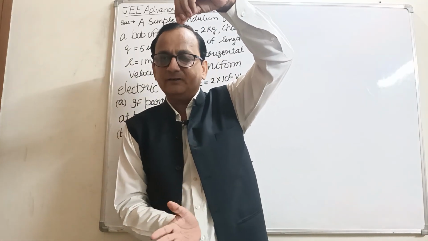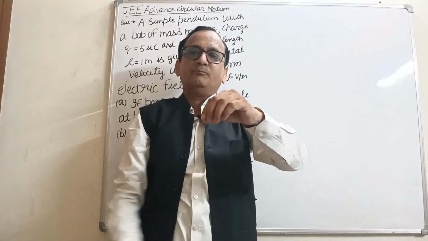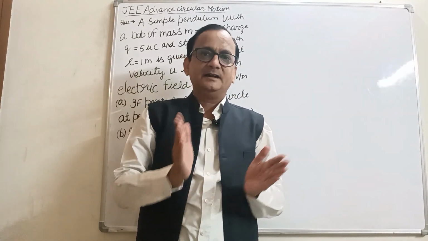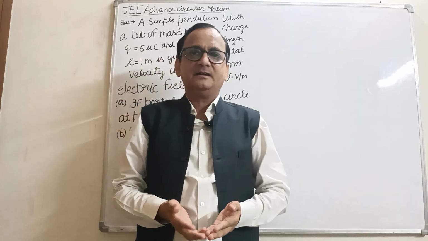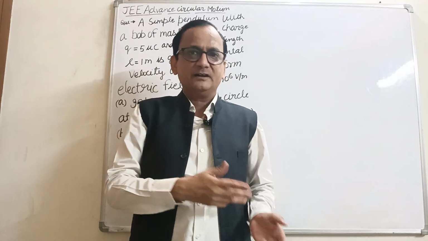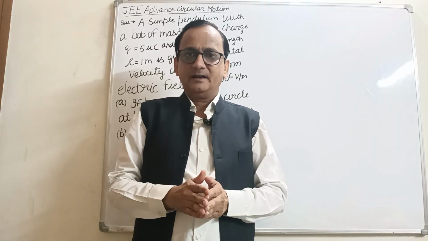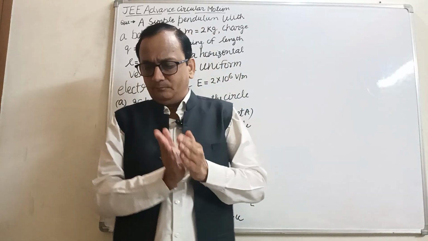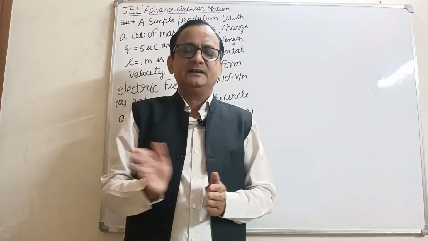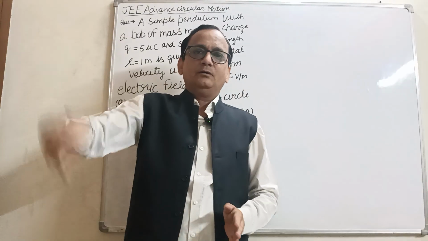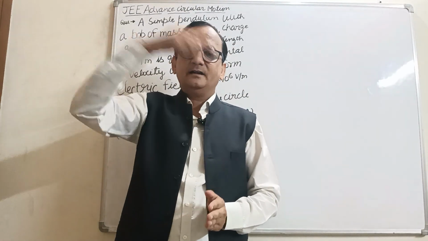What velocity must we provide to complete a circle? The result we have also discussed in earlier problems: we provide the horizontal velocity root 5 gl to complete the whole circle.